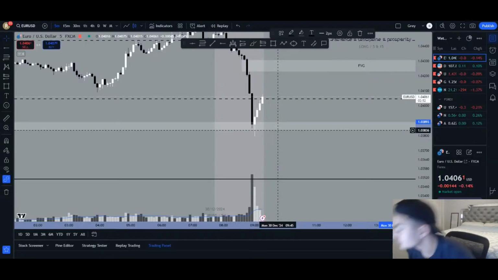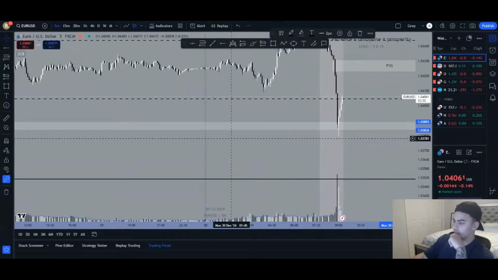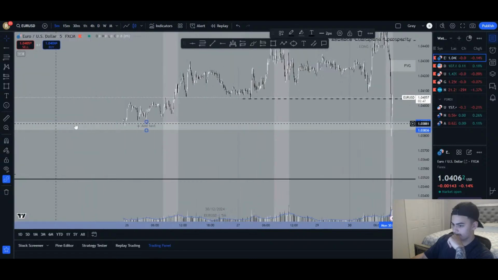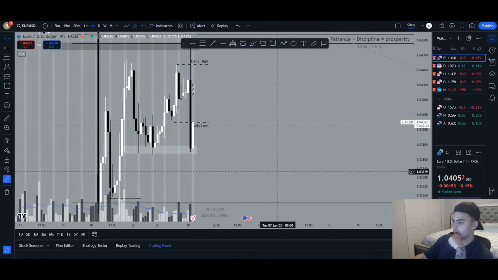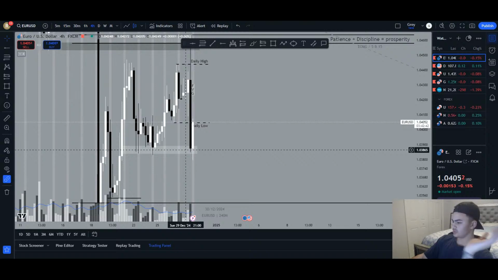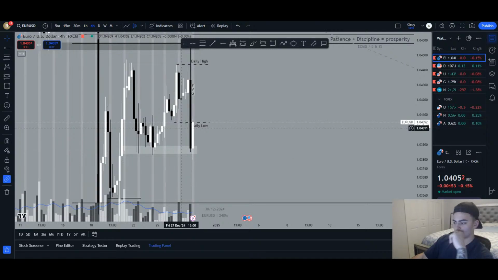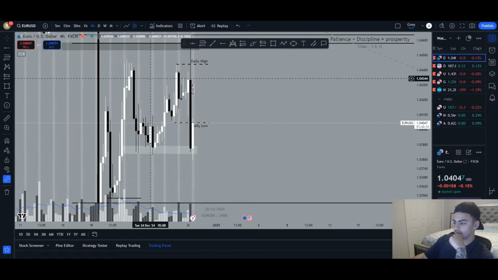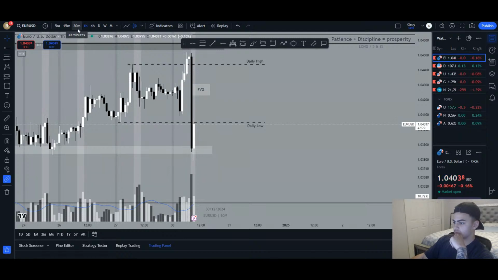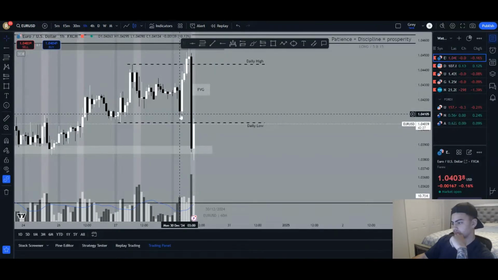We go, it's reflecting off of this little area right here. The 4 hour closed bearish, closed beautifully. Right now it's going up to grab some liquidity, looks like. It could honestly bounce back from there. The 1 hour looks pretty good.